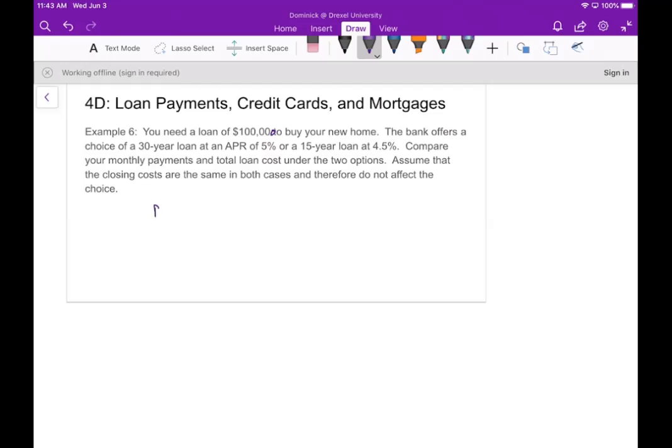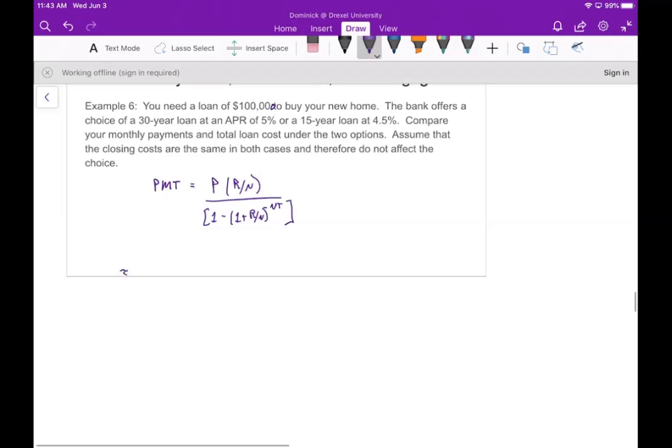Regardless of which option we use, we're still using our loan payment formula. Payment is equal to P times (R over N) over 1 minus (1 plus R over N) to the minus NT. Let's do the 30-year option first. This is usually the more common option.